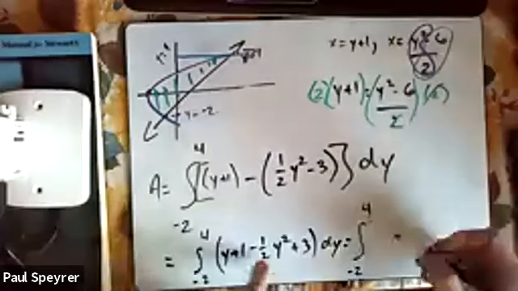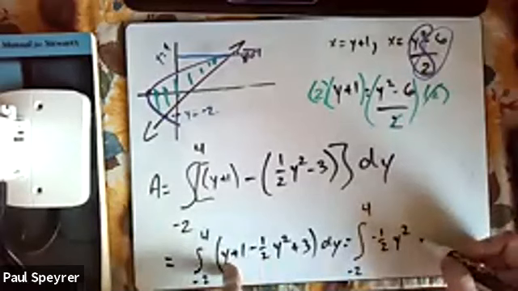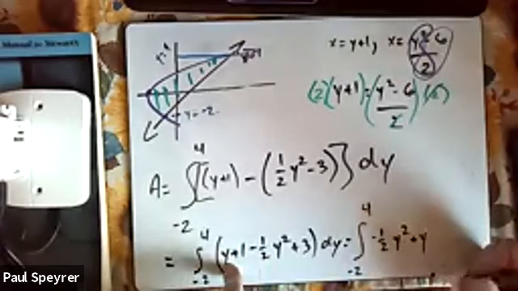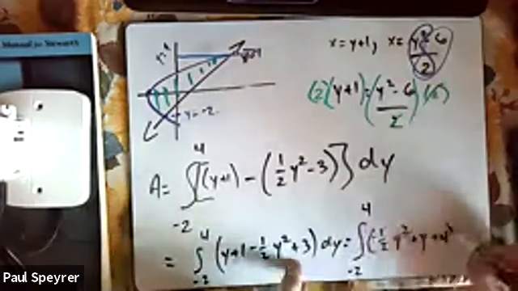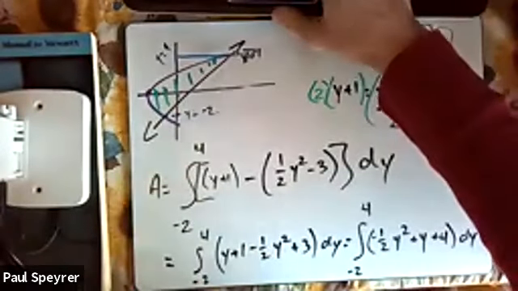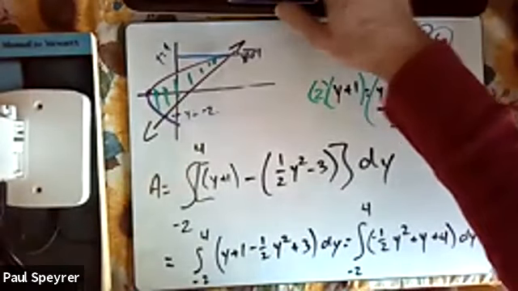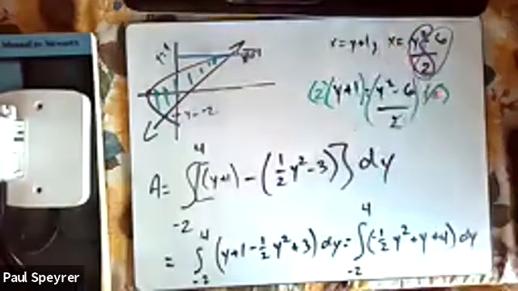So negative 1/2 y squared plus y and plus 4. And all that still is we're still integrating with respect to y. Now we're going to keep going.